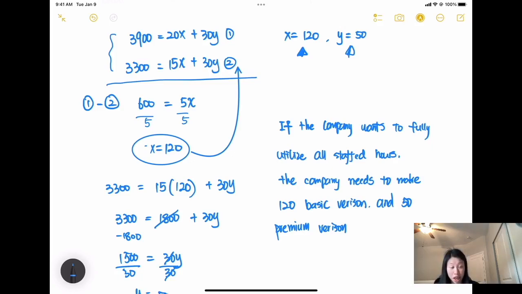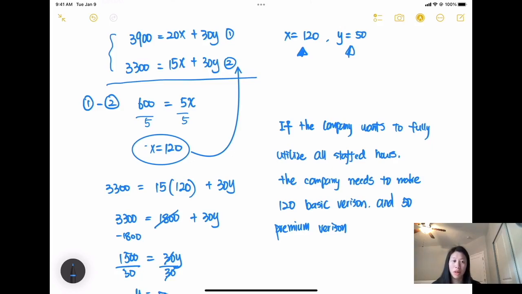To check if an ordered pair is a solution to the system of equations, there are two things you could do. Either you can substitute the ordered pair into each equation in the system, and determine if each substitution results in a true statement. If so, the ordered pair is the solution.